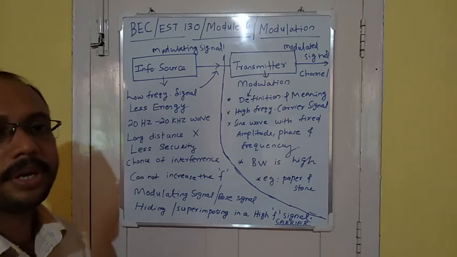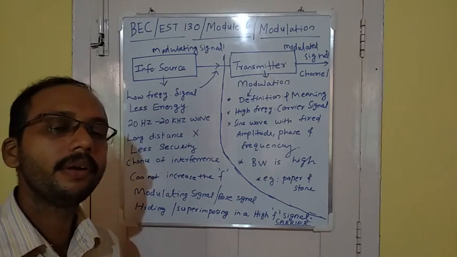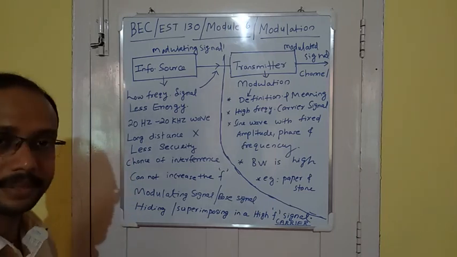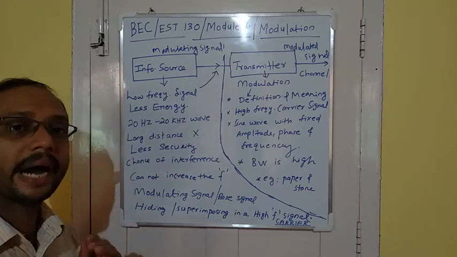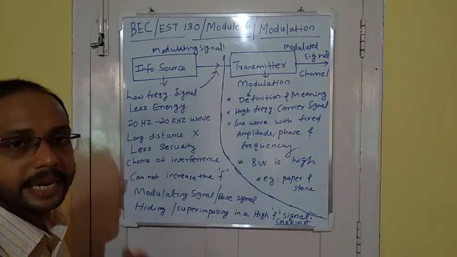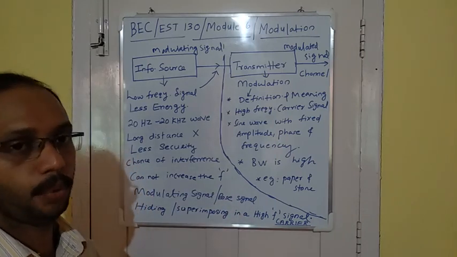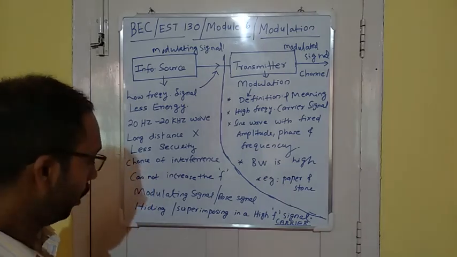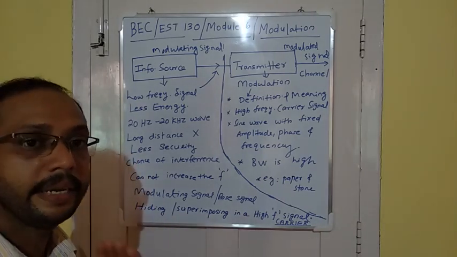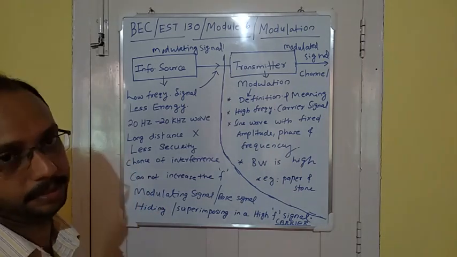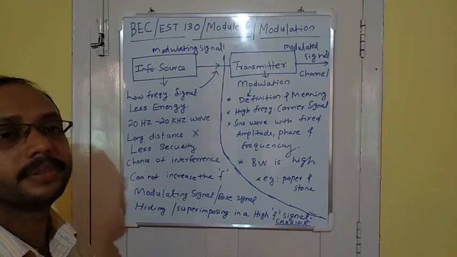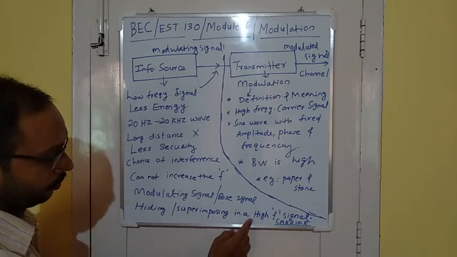So actually we need to transmit this low frequency signal over a longer distance. We can say that we are going to hide this low frequency signal in a high frequency signal. We need to hide this signal, or superimpose this low frequency signal, in another signal. So, we are using a high frequency signal for this.